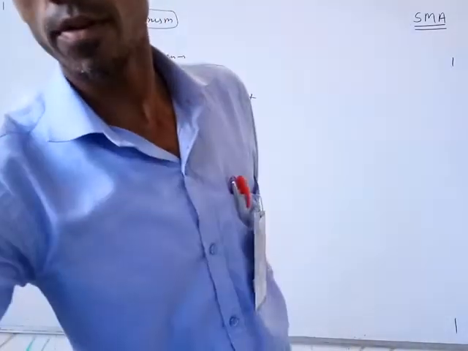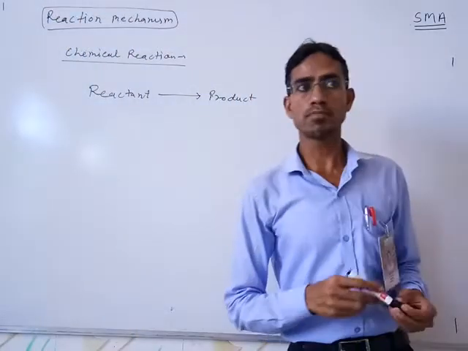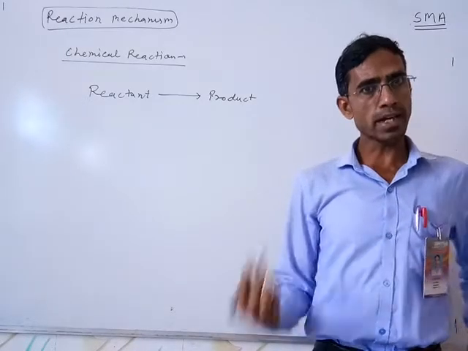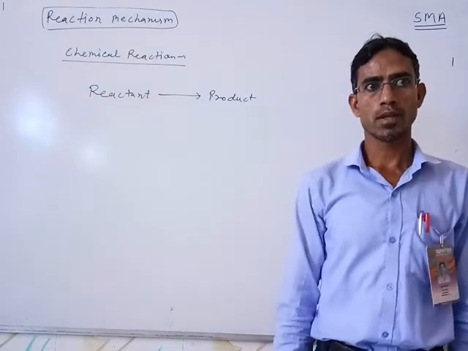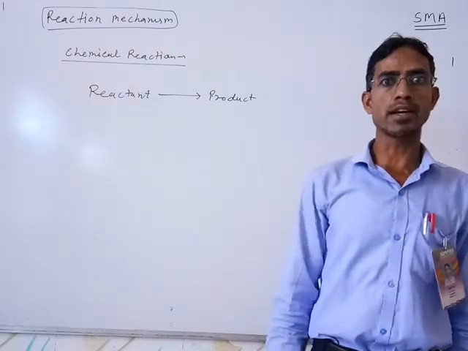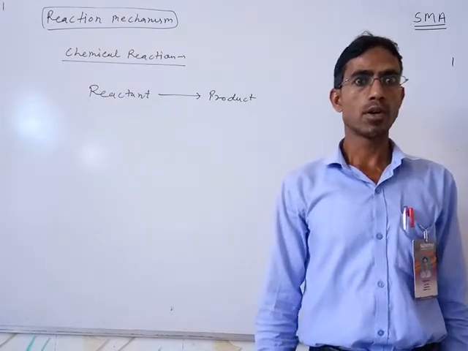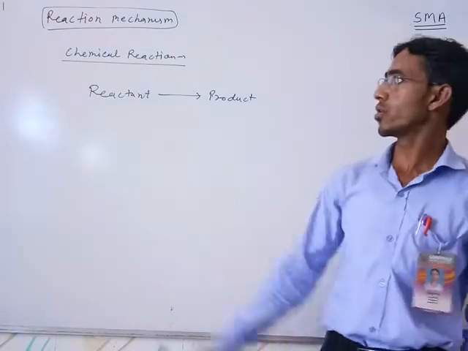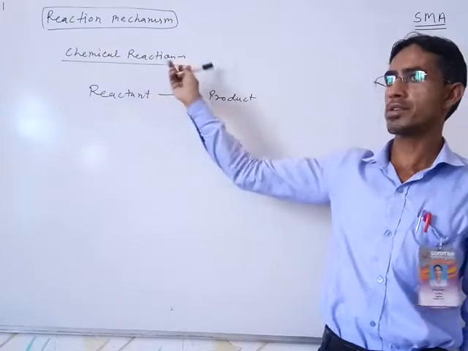How can we define it? Old bond is broken and new bond is formed. Old bond in the presence of a reactant is converted into new bond and forms the product. Then this is known as a chemical reaction.